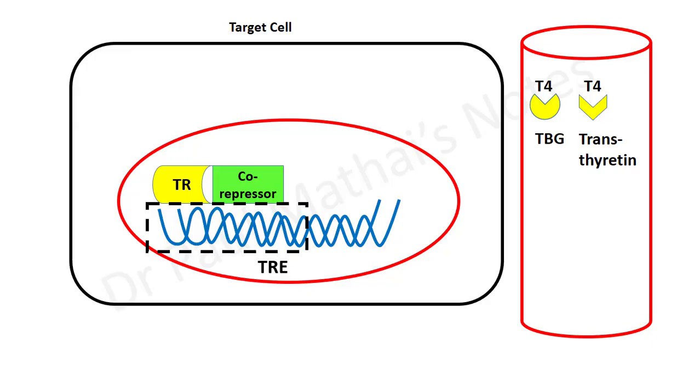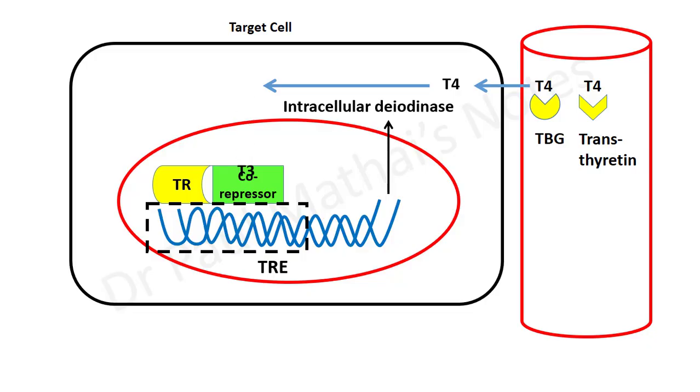Now, other parts of the DNA contain genes which upon transcription and translation produce proteins, a group of proteins known as intracellular deiodinases. When thyroid hormone, when T4 enters these cells, it is converted by these intracellular deiodinases into T3.